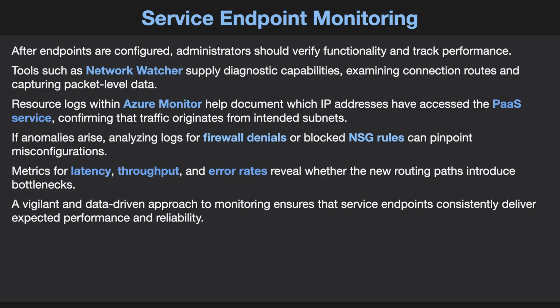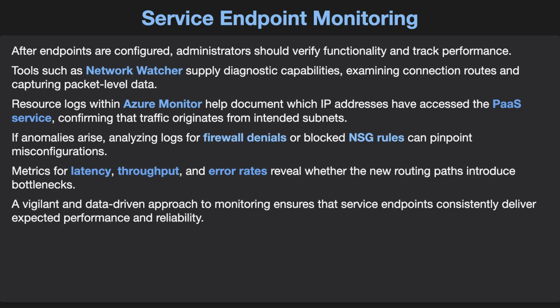After endpoints are configured, administrators should verify functionality and track performance. Tools such as Network Watcher supply diagnostic capabilities, examining connection routes, and capturing packet-level data. Resource logs within Azure Monitor help document which IP addresses have accessed the PaaS service, confirming that traffic originates from intended subnets.